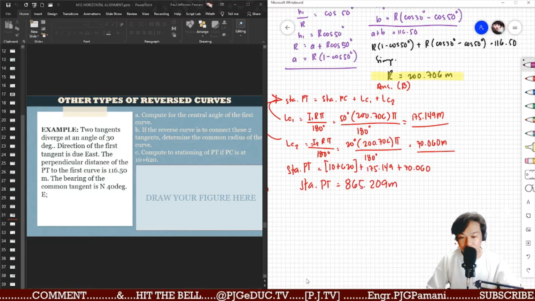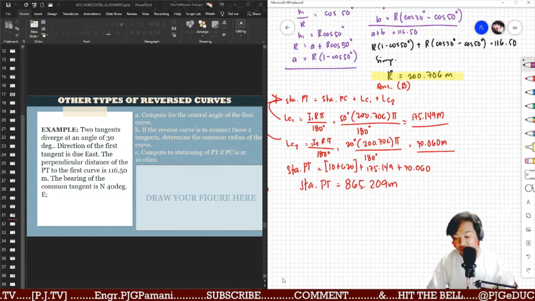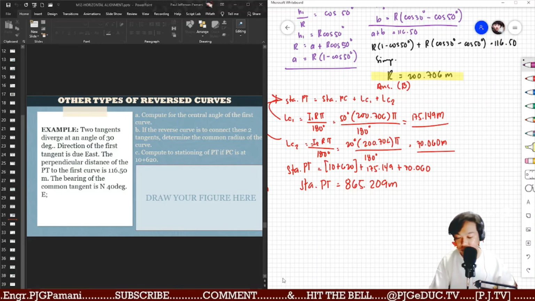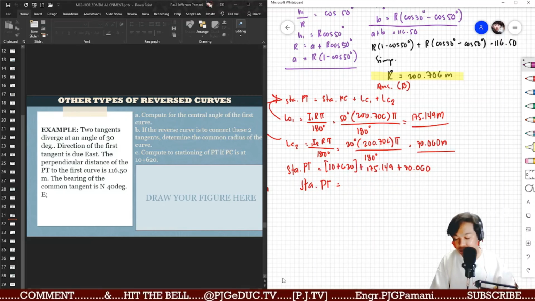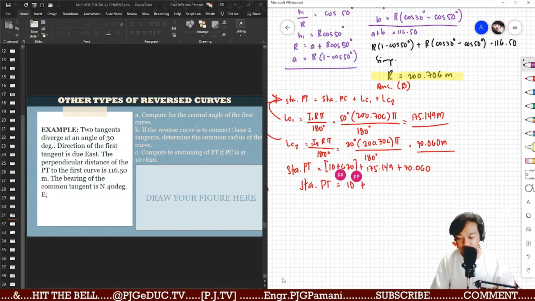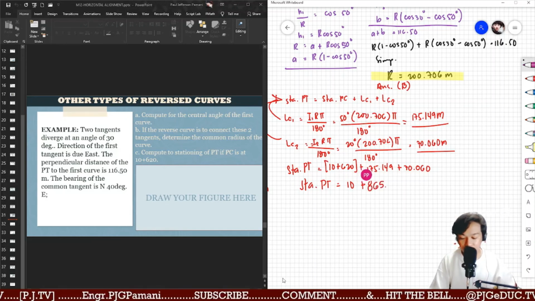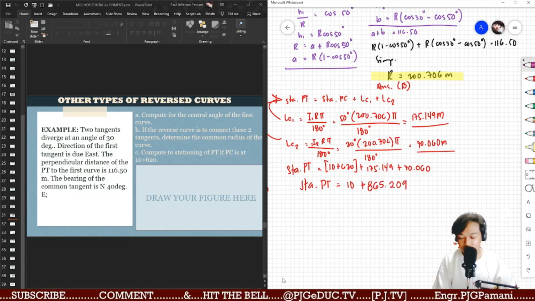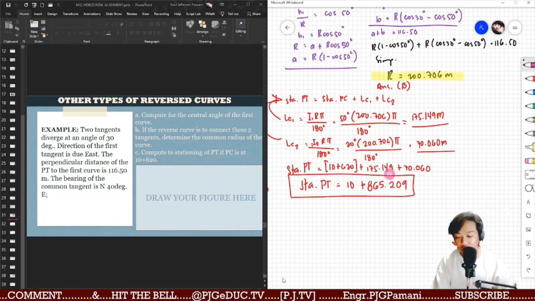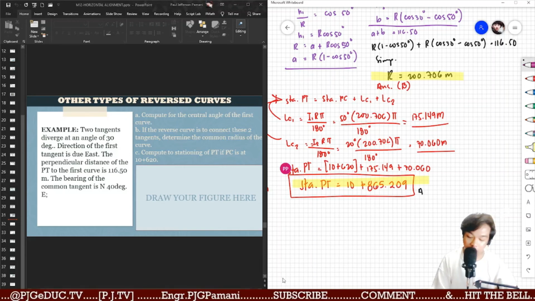Okay? 865. Bakit 865 yan? 0.209 meters. Kalimutan ko yung 10. So 10 plus 865.209. So station PT is 10+865.209. Answer to letter C.